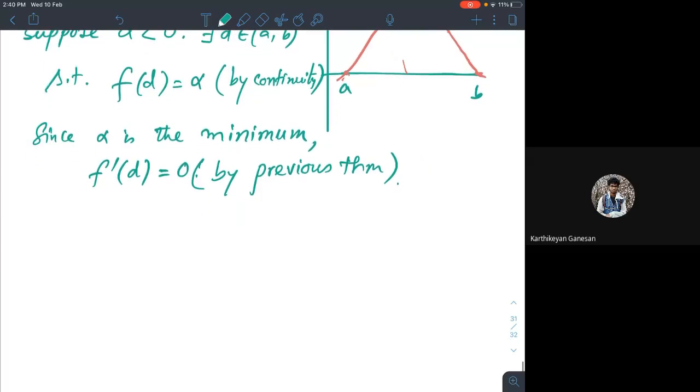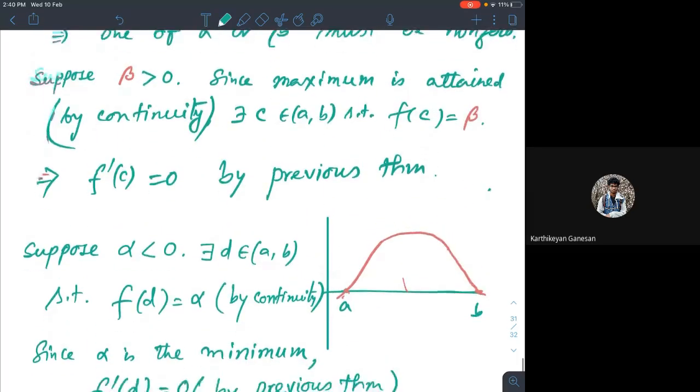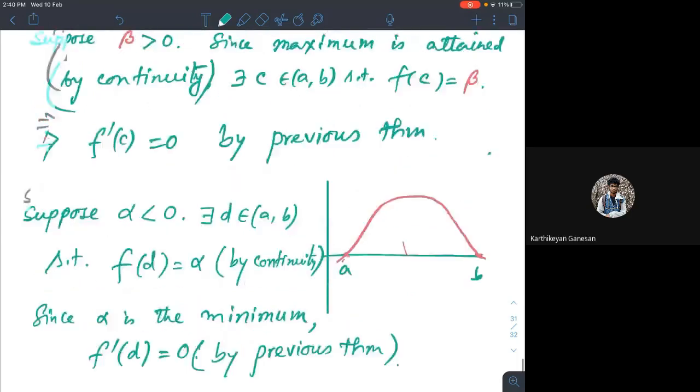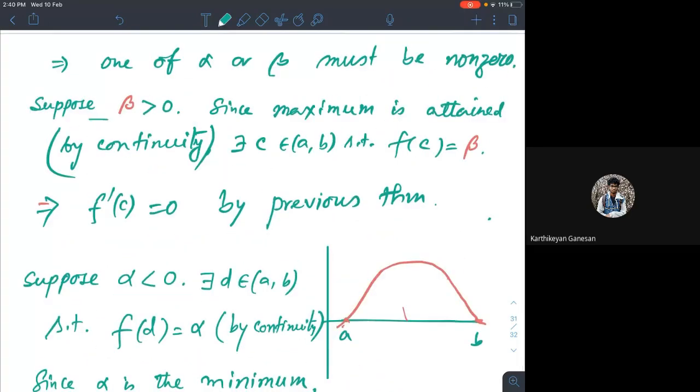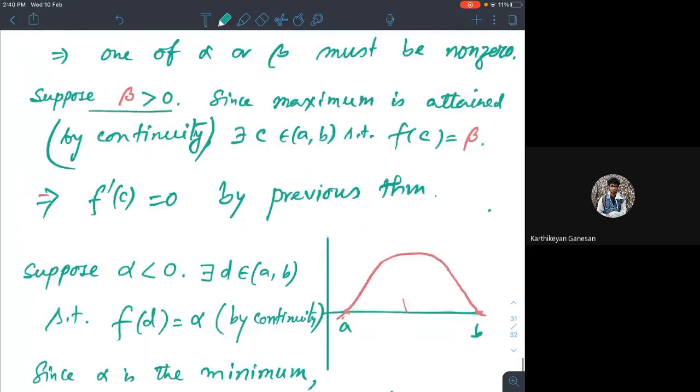Sir, what if my alpha is negative and beta is positive at the same time? Then how can we prove that there exists a point with derivative zero? Here we did not put any condition about alpha. Alpha can be negative also. Then why did we take alpha less than zero as the second case? Because there beta can be zero, right?